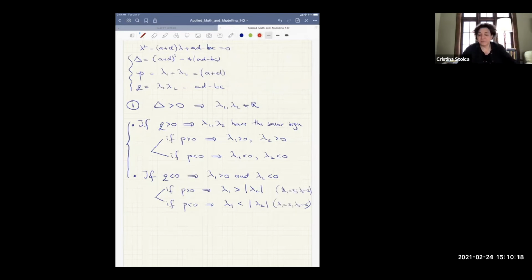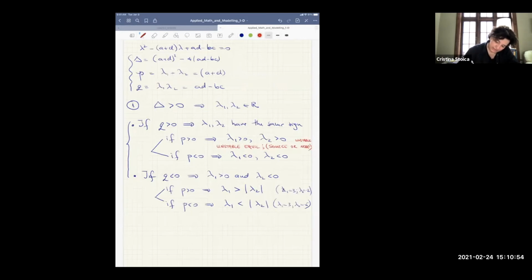So when the lambdas are positive, in this case, the equilibrium is unstable, and it's a source or unstable node, okay?